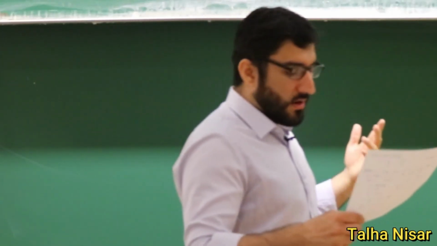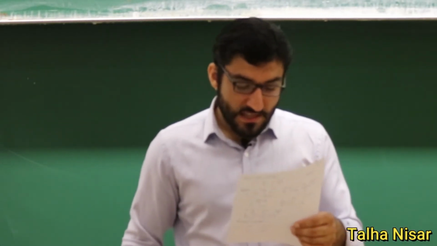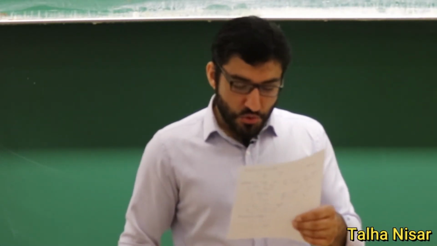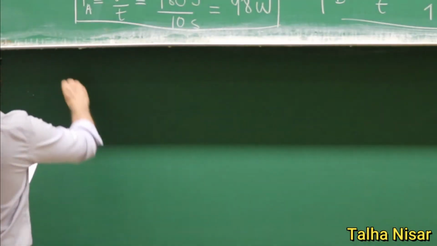And now we will solve one numerical problem here. We have a 20 kilogram box lifted to 200 meters above the ground in 5 minutes. We are asked to calculate the work done and also the power. So what is given?